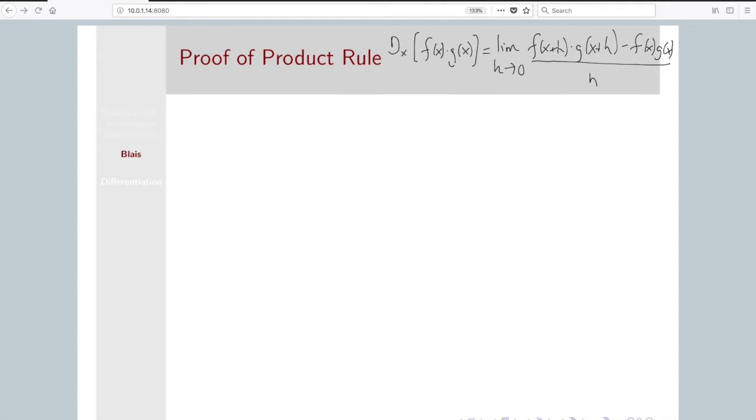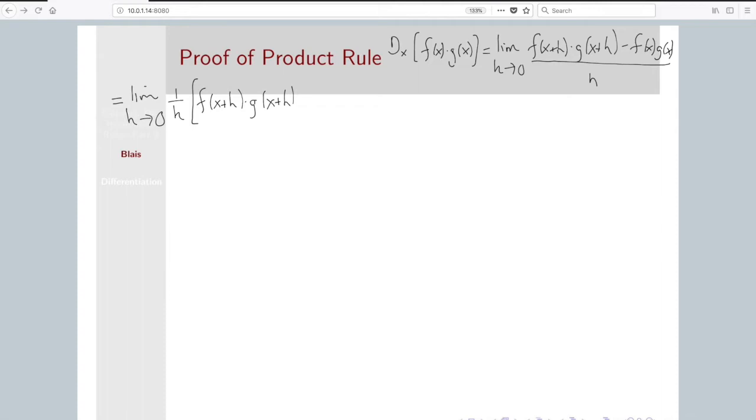The first step in doing this is a creative step of adding and subtracting the same factor to the expression. So we're still going to have this f of x plus h times g of x plus h.